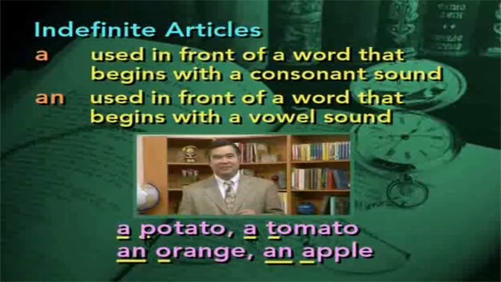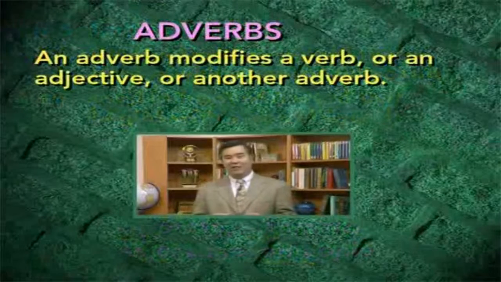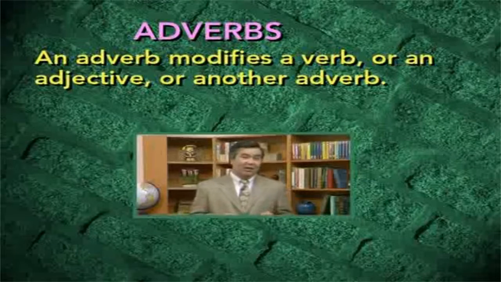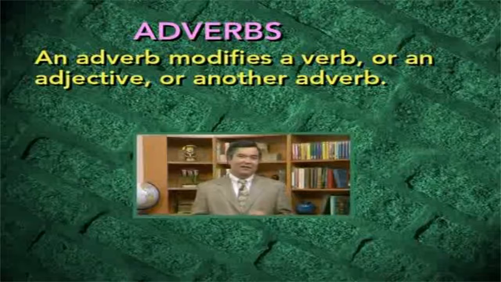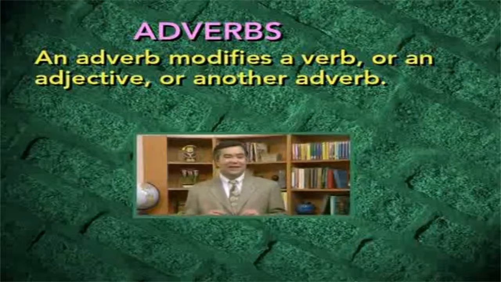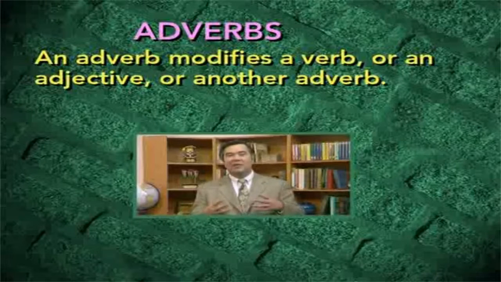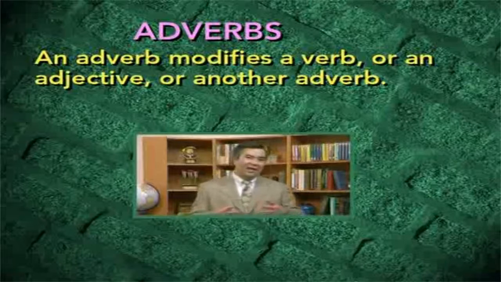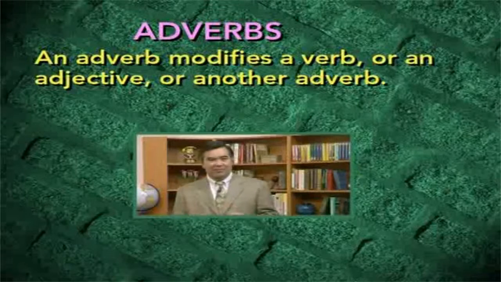So you'd refer to a potato, a tomato, an orange, an apple. The third type of modifying word is an adverb. An adverb modifies a verb or an adjective or another adverb. When an adverb is used in a sentence, it generally tells us how. It gives more information about the action described by the verb or the quality described by the adjective or even another adverb.